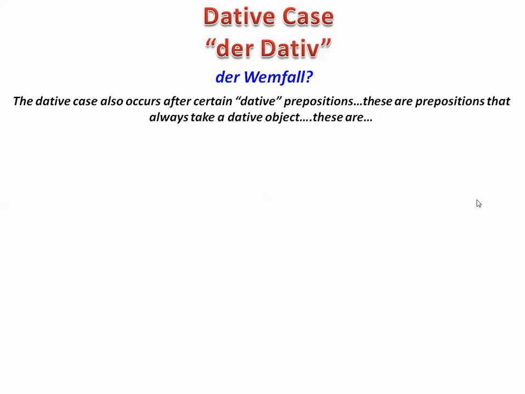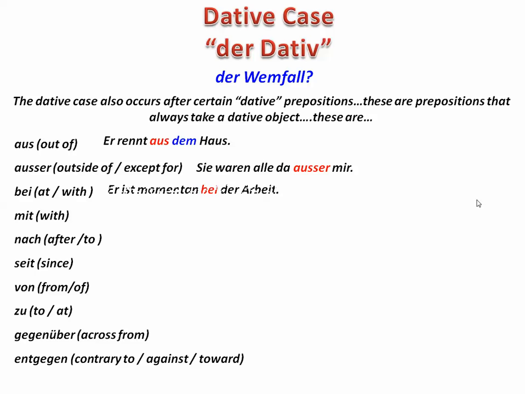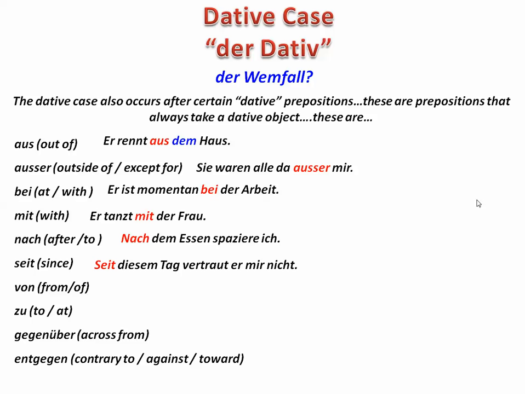Okay, the dative case can also occur after dative prepositions. So these are prepositions that always take a dative object. So here are some examples. Aus, rennt aus dem Haus. Außer, sie waren alle da, außer mir. Bei, ist momentan bei der Arbeit. Mit, tanzt mit der Frau. Nach dem Essen spaziere ich. Seit diesem Tag vertraut ihr mir nicht.